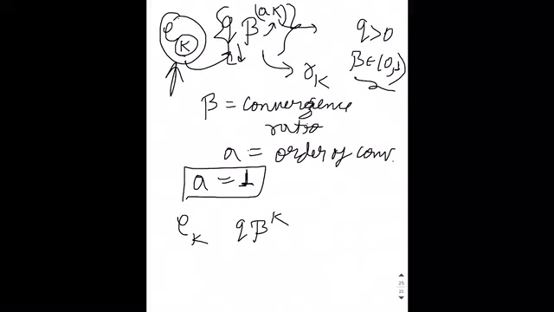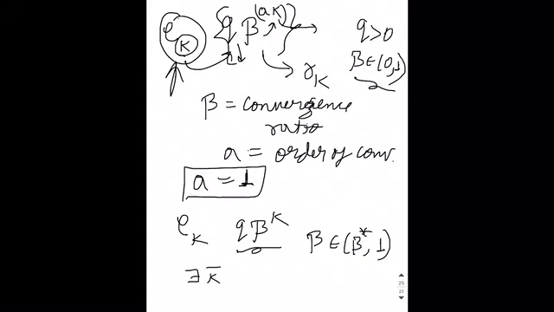Then we say e_k converges at least linearly with convergence ratio beta star if it converges faster than all geometric sequences of the form q beta to the power k, where q is greater than 0 and beta is in the interval beta star to 1.